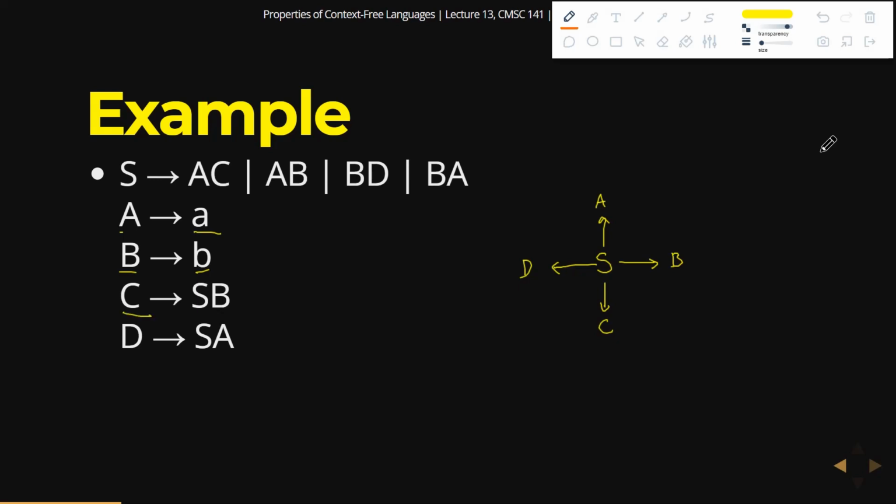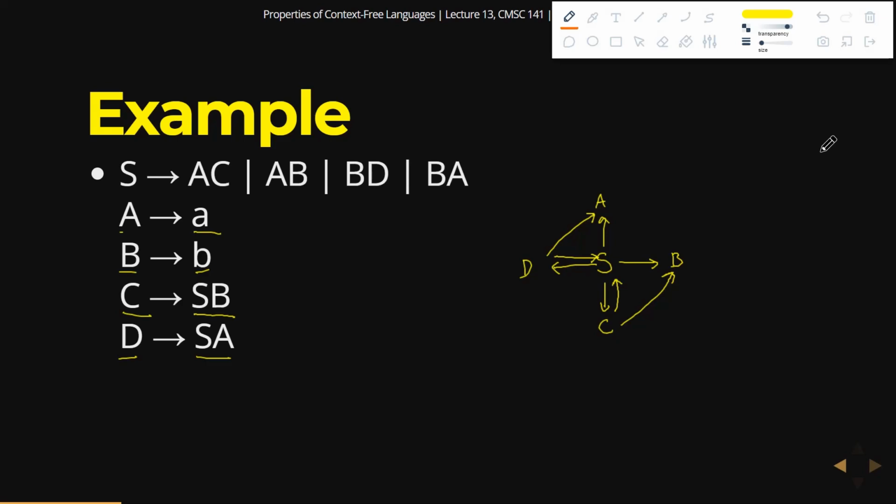Now for C, it's connected to both S and B. So C is connected to S, and connected to B, right? And then for D, it's connected to S and A. So D is connected to S and then connected to A. Okay, so this is the final graph. Now, is there a loop here?